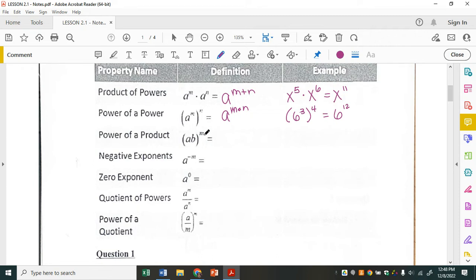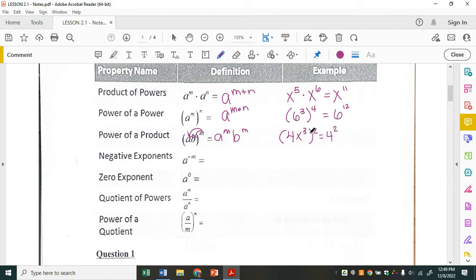Okay? The power of a product, I have to take my exponent, and it becomes the exponent on every term, every base that is inside my parentheses. So it would become a to the m, b to the m. So if I had something like 4x cubed all raised to the 2nd power, first off, that exponent is brought to the 4 and it becomes 4 to the 2nd power.